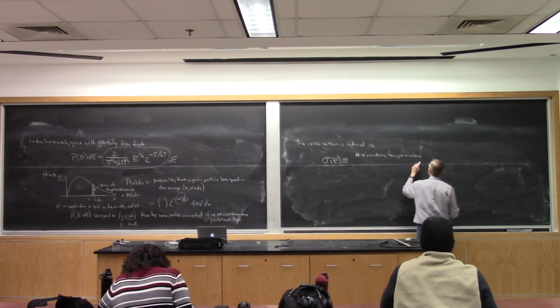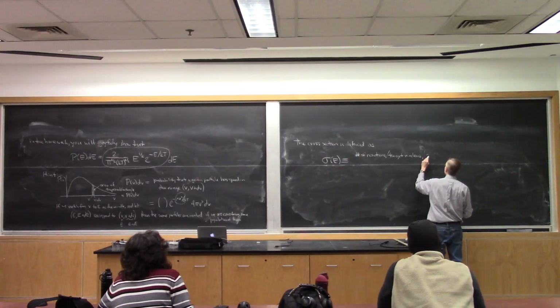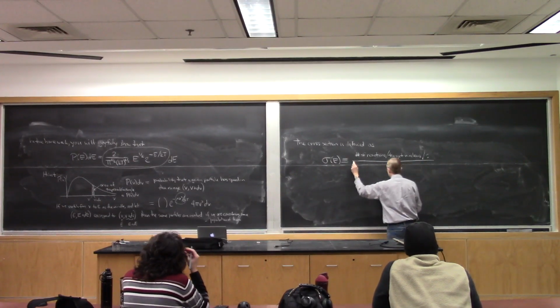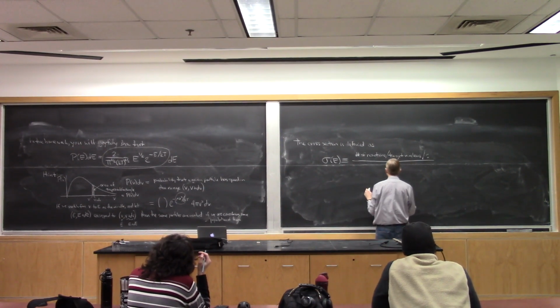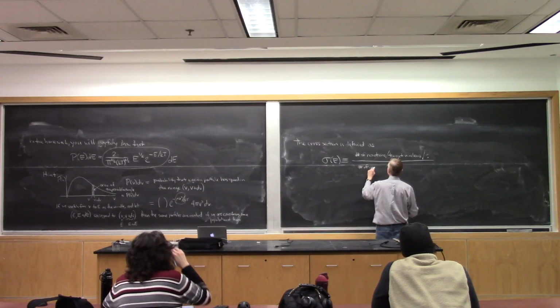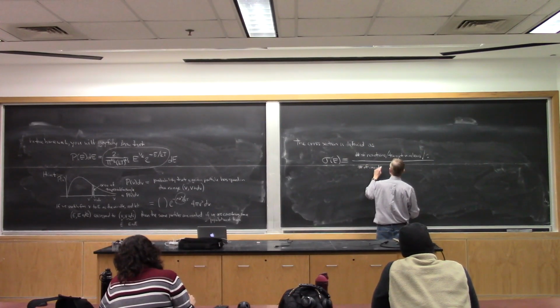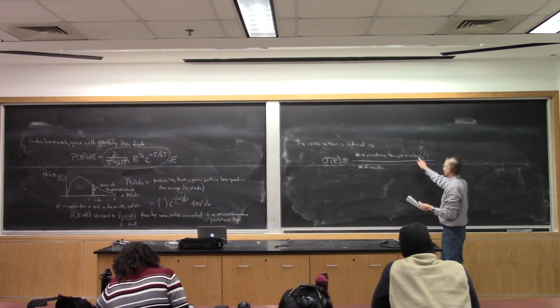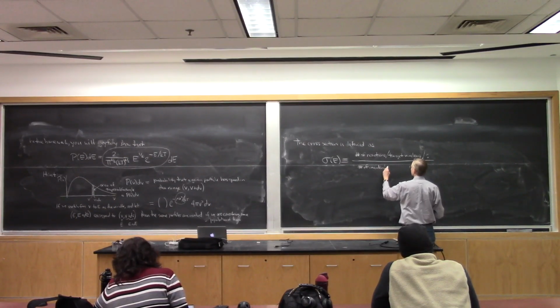divided by the number of incident particles. Actually, I'll say nuclei because it's nuclei that are incident here. In general, if we're doing particle physics, it would be target particle, incident particle, but we're talking nuclei here, so we'll put it in terms of nuclei.